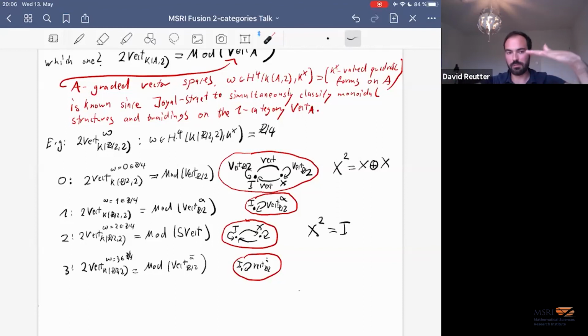But you can do something, I think this is what you were suggesting, where you take even less information, and just take the ring which is generated by, for example, the free abelian group generated by the equivalence classes of simple objects, with its monoidal structure. This is less information.